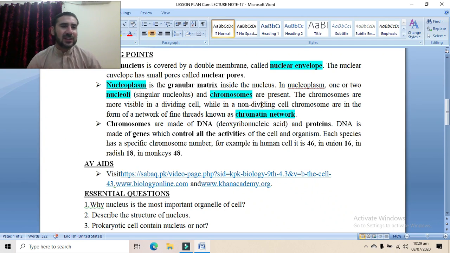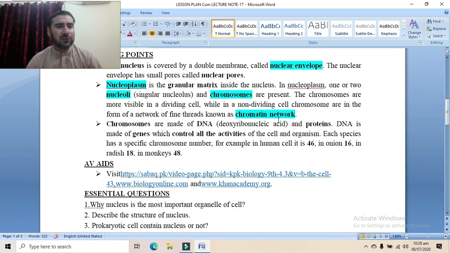But whenever there is no cell division, the chromosome is disassembled, and a network of threads is made from the chromosome, and that network of small threads is known as the chromatin network.